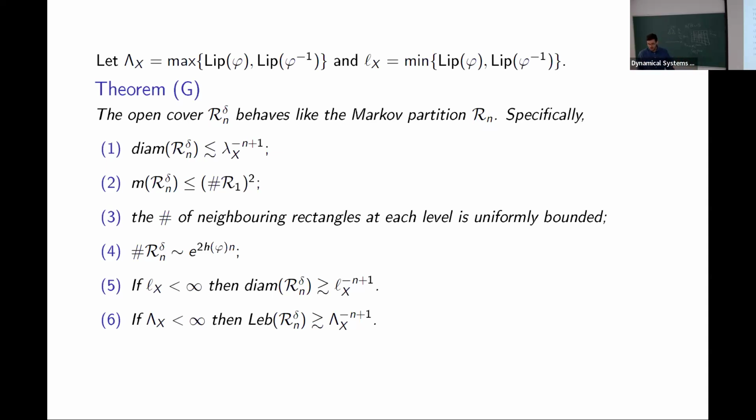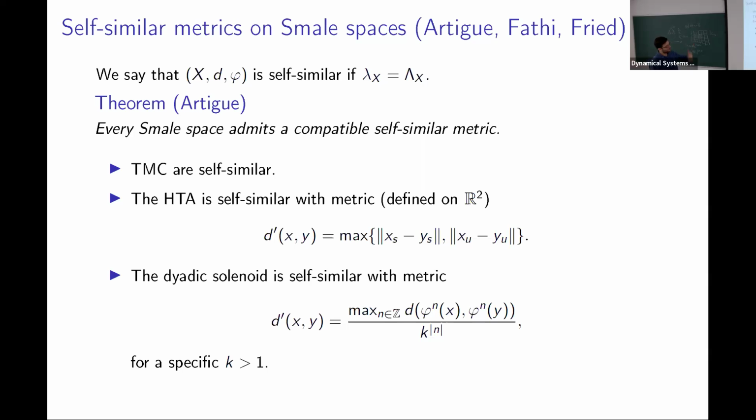Now, to get Ahlfors regularity, you need a more controllable metric. And we come to self-similar metrics for Smale spaces. Artigue had shown that expansive dynamical systems admit nice metrics.